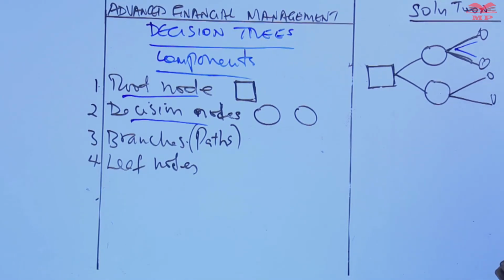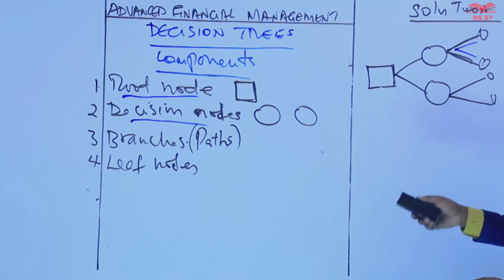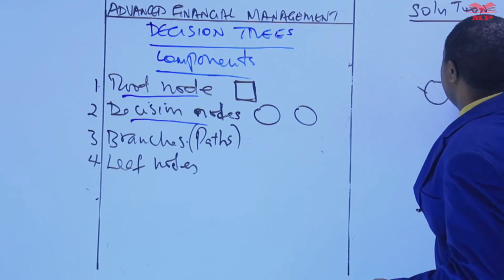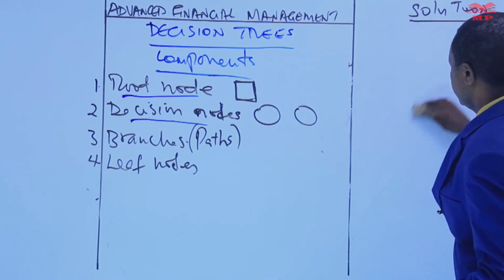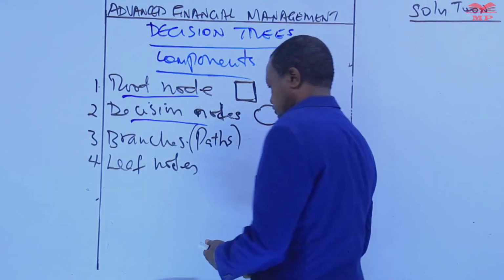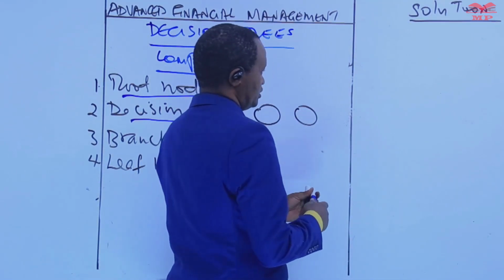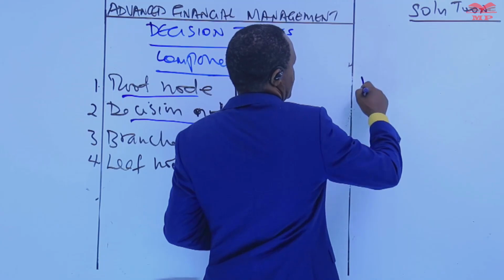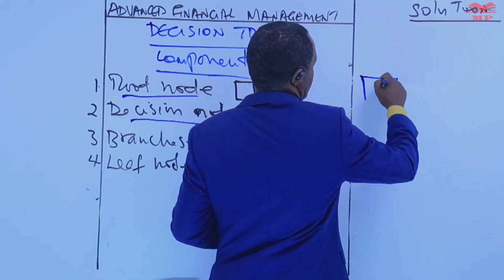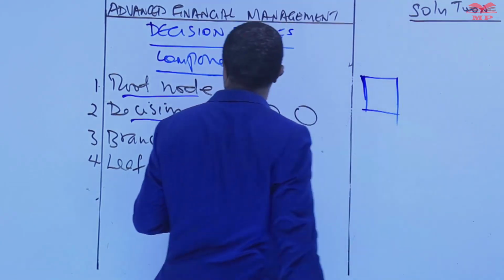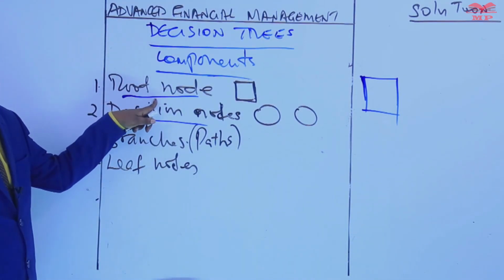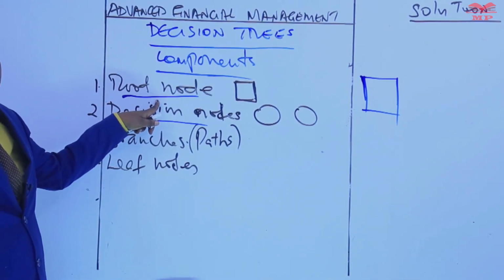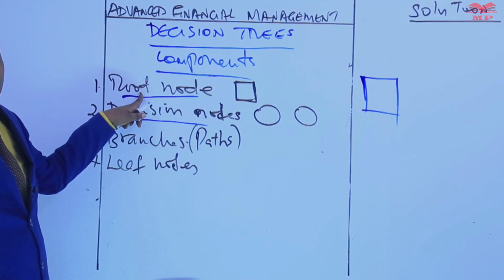We said that the first thing to do, the first component, is the root node, the starting point of the decision tree.